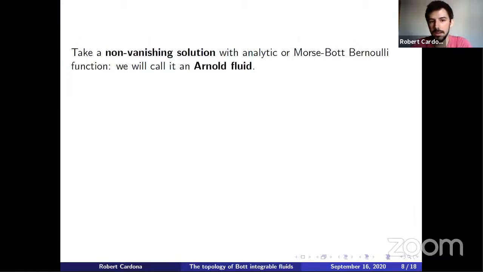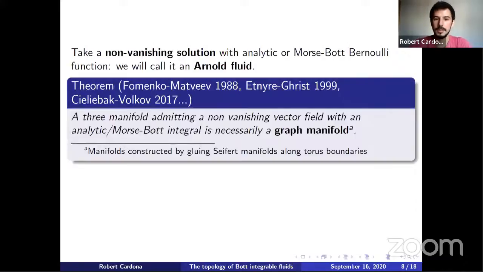And I will take the hypothesis of Arnold's theorem, which is that B is either analytic or Morse-Bott. I will be very interested in the Morse-Bott case, which is the easiest one somehow. And let me call this an Arnold fluid just because I will be using this kind of solution a lot. And a theorem, which is somehow partially proven in different points of the literature, is that if you have a three-manifold and a non-vanishing vector field which has a Morse-Bott integral or an analytic integral, it is necessarily what's called a graph manifold.